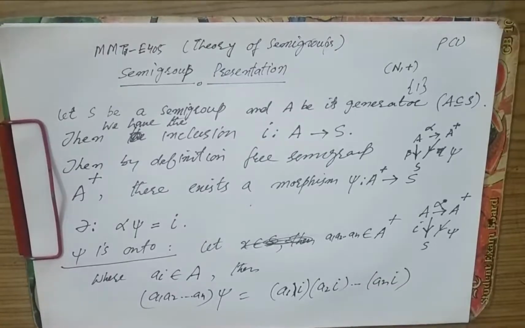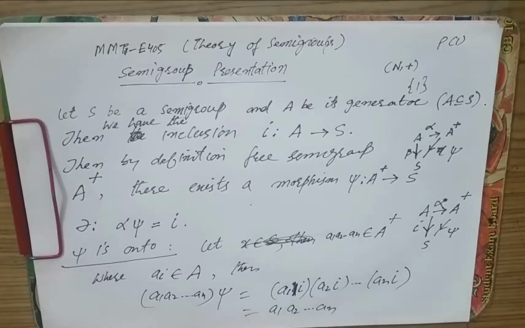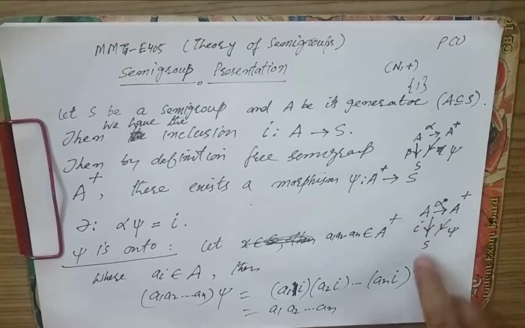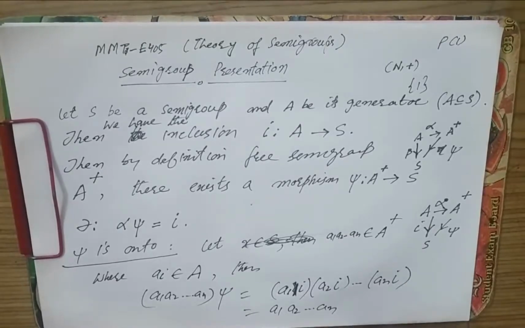But a1 i is equal to a1, and here it is the product of elements of A, treating A as a subset of S. It's equal to a1 a2 up to an.